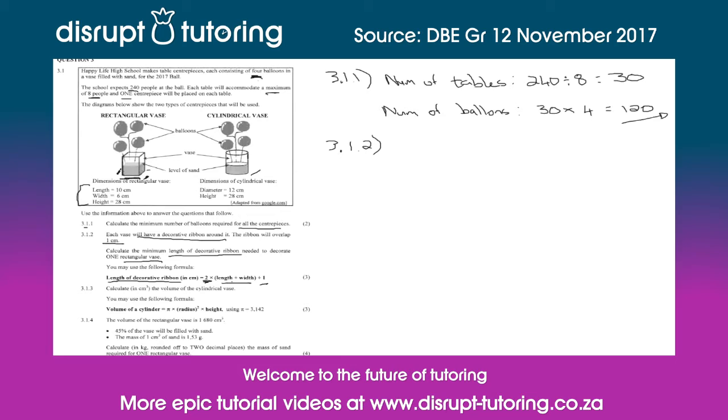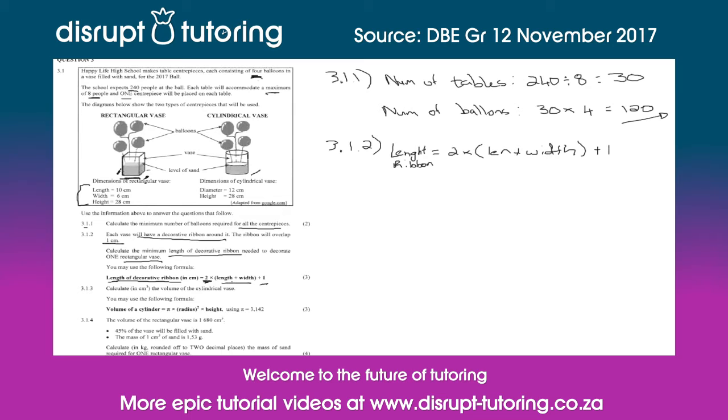So writing that formula down, the length of the ribbon equals 2 times the length plus the width, and they've given this to us, plus 1.